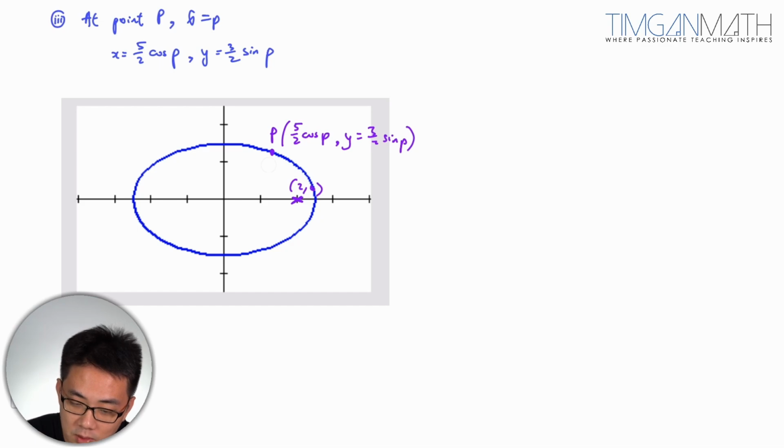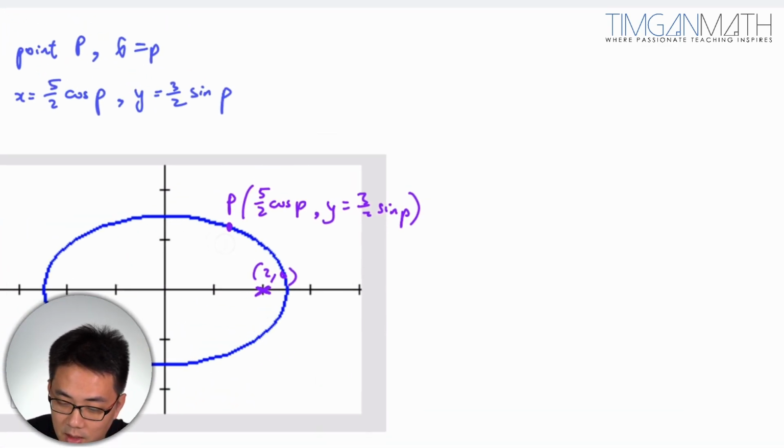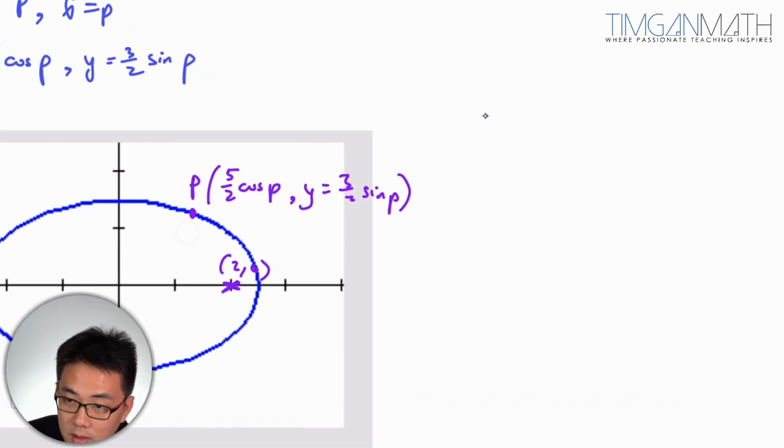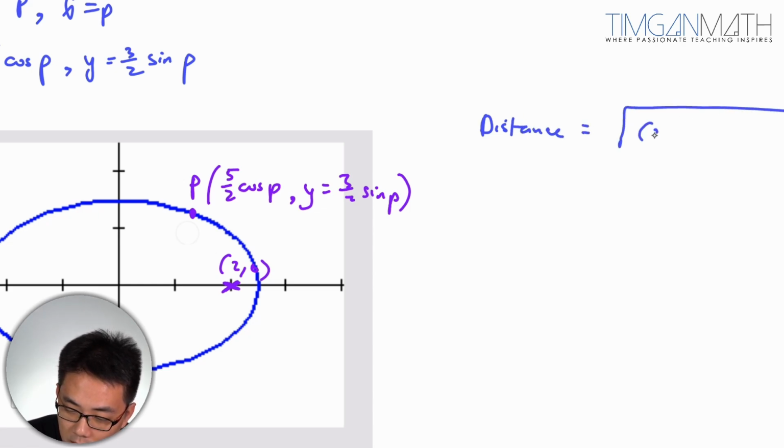For the distance between these two points, we're going to use the distance formula, which is the square root of (x1 minus x2) squared plus (y1 minus y2) squared.